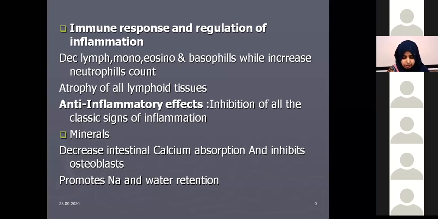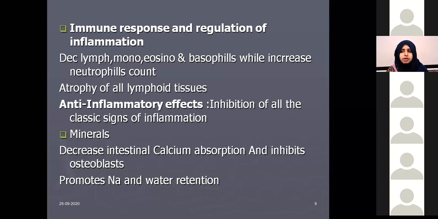Then it also has anti-inflammatory effects. When we talk about anti-inflammatory effects, we should remember the classical signs: rubor, calor, and all that. So it is inhibiting all the classical signs of inflammation. How? By decreasing these cells' movement towards inflammation, also by decreasing certain cytokine release, and also by inhibiting prostaglandins.